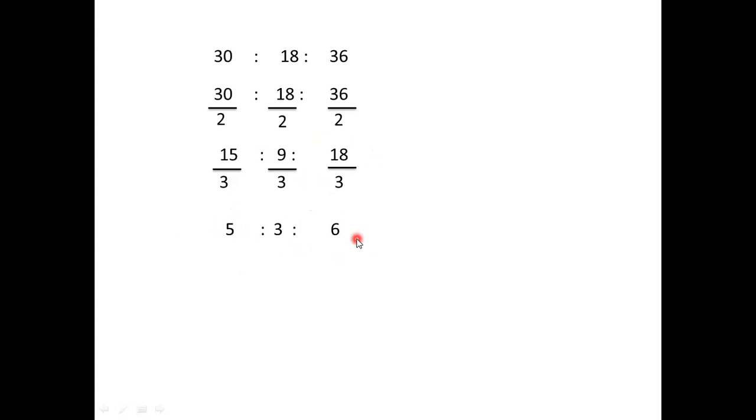Among these two there is a relationship, 3. But among these two, there is nothing. So then you cannot divide anymore. 5 is to 3 is to 6 is already in the simplest form.